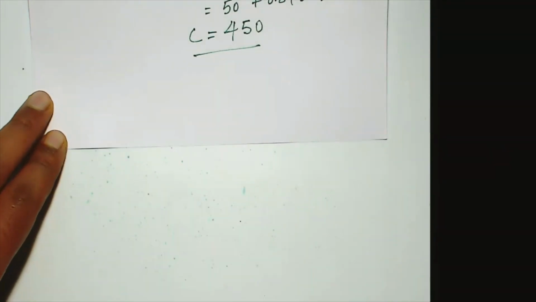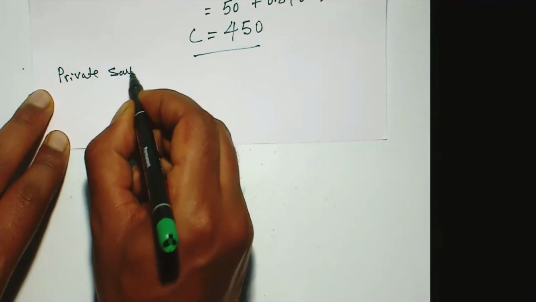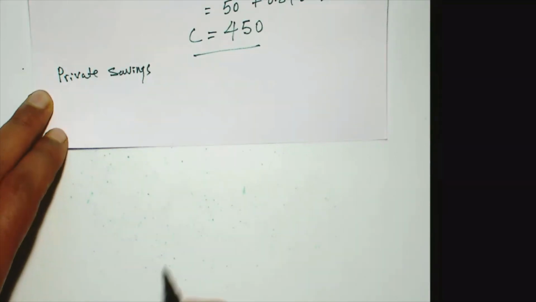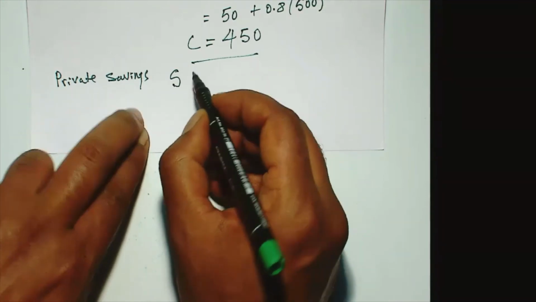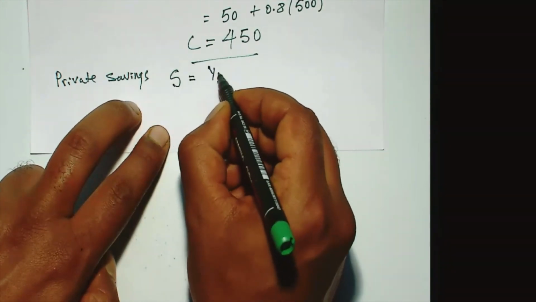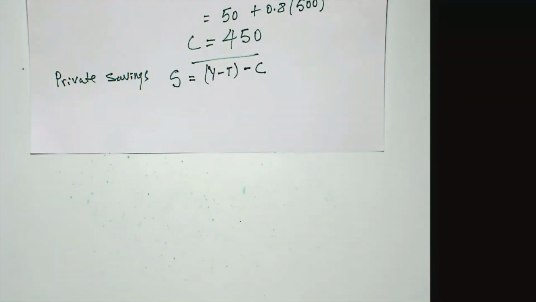The second item that we have to calculate here is private savings. As we know, saving is given by the formula Y - T - C. We have already seen in our previous exercise session that if consumers are given a disposable income, they decide whether to consume it in full or to consume a portion of it and save the rest.